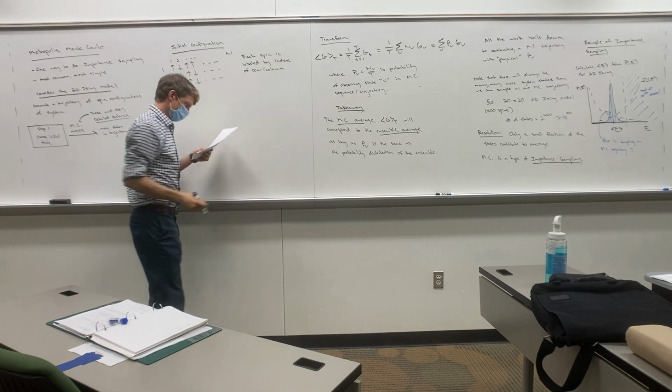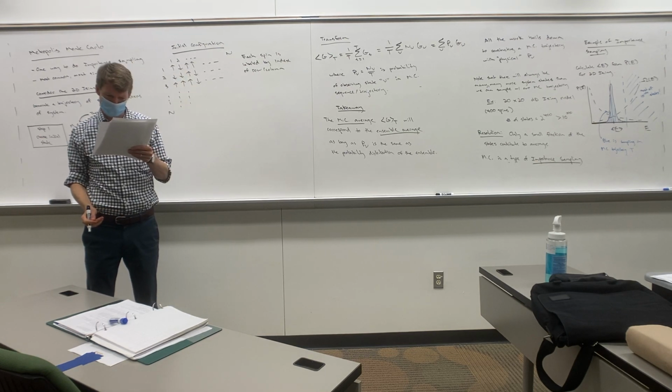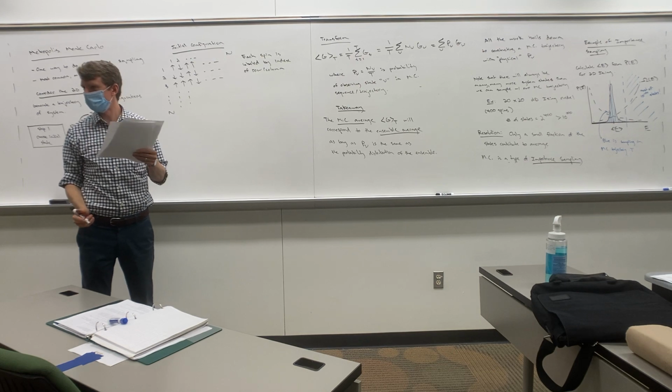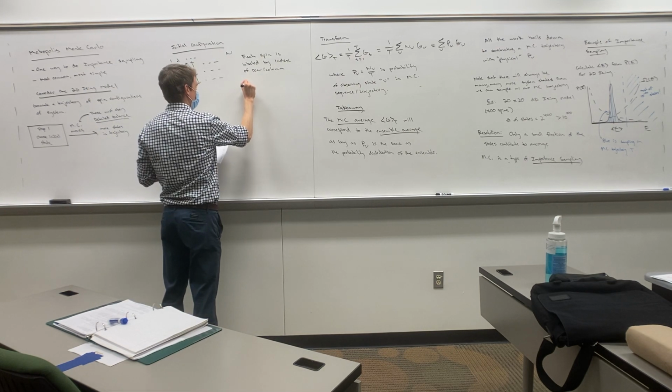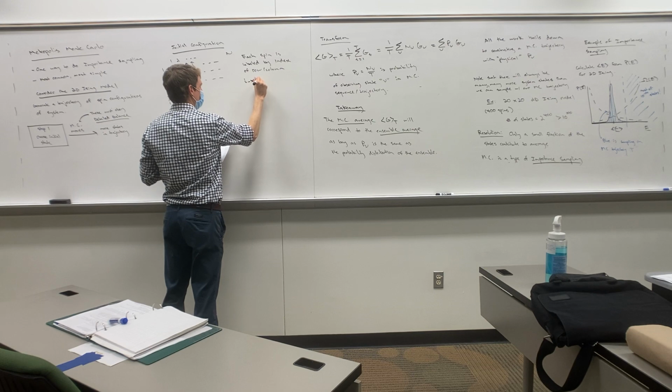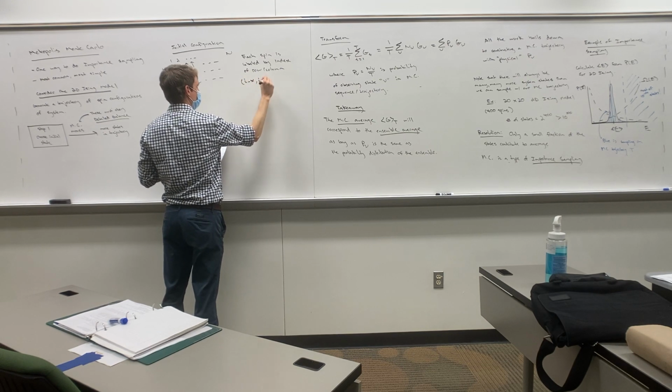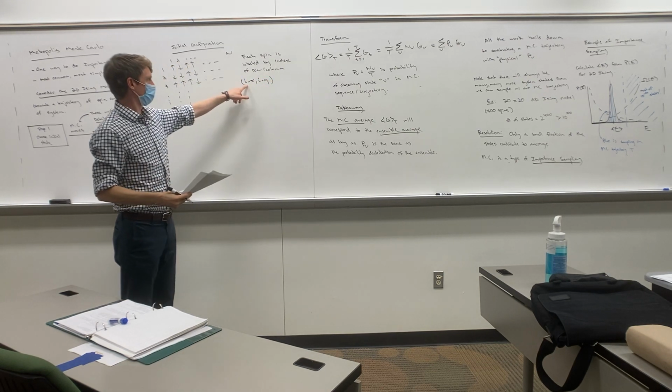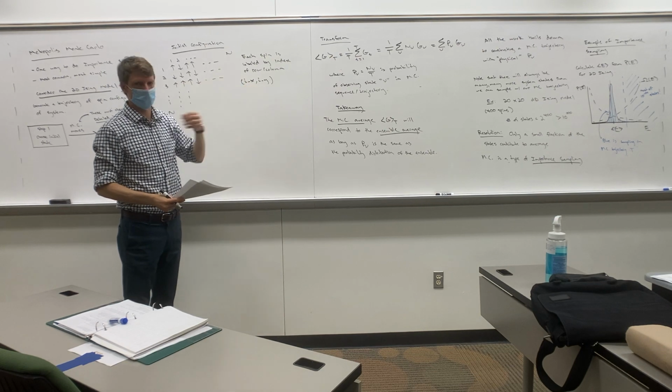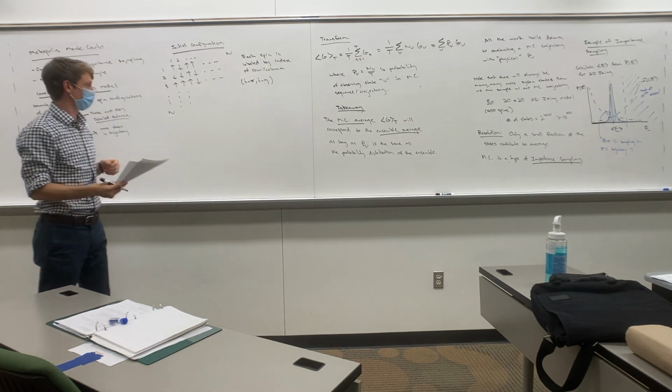In my lecture I picked i_x for the row and i_y for the column. You can use whatever notation you like. I just have i_x, i_y for the row and column. That labels my spin.